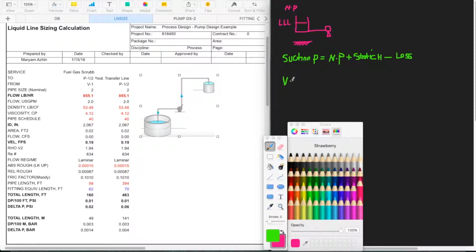The velocity is equal to the volumetric flow rate divided by area, and this area is equal to pi times inside diameter to the power 2, divided by 4.